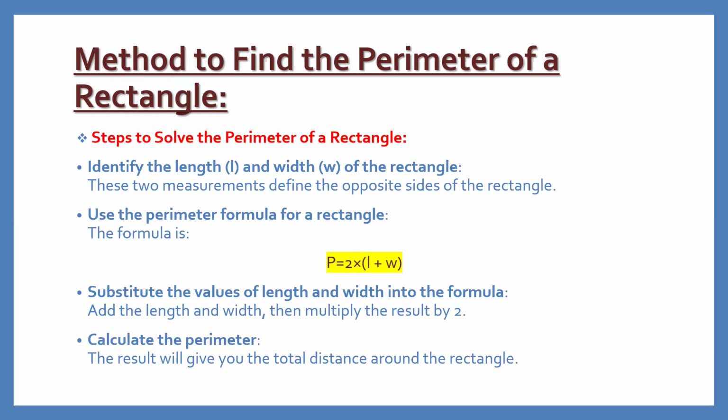Use the formula, which is P equals 2 into (length plus width), L plus W. You will substitute the values of L and W, then add those and multiply by 2, and you will get the final result. That is the required perimeter of the given shape, which is a rectangle.